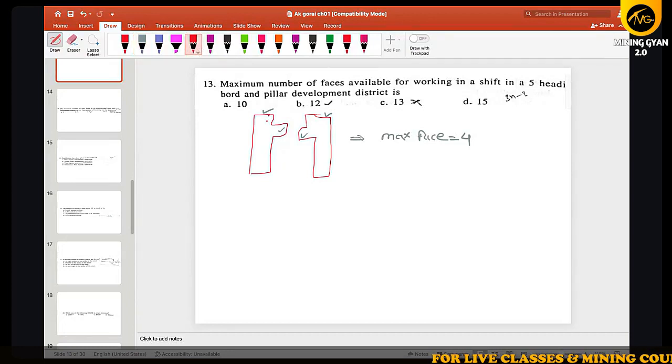If someone asks how many minimum number of faces, then we will count it as one face.